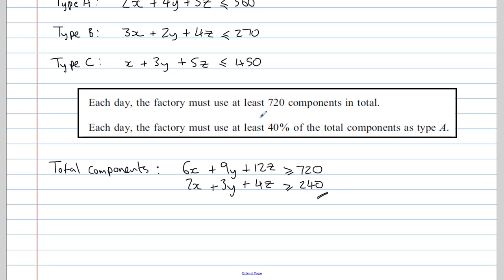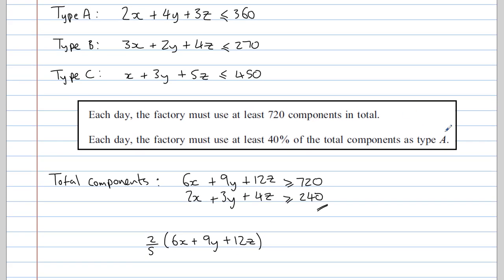Quite often in these questions they use 40% of the total, and it's a useful fact to know that 40% is the same as 2/5. So 2/5 of the total components is 6x plus 9y plus 12z. And we need to compare that with the total number of components of type A, which we have written down here, 2x plus 4y plus 3z.